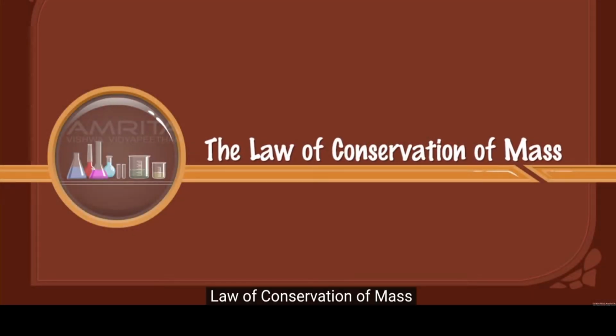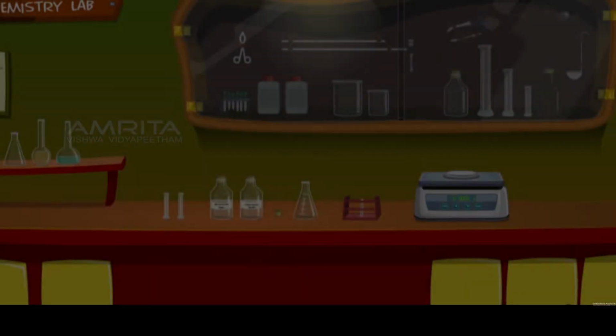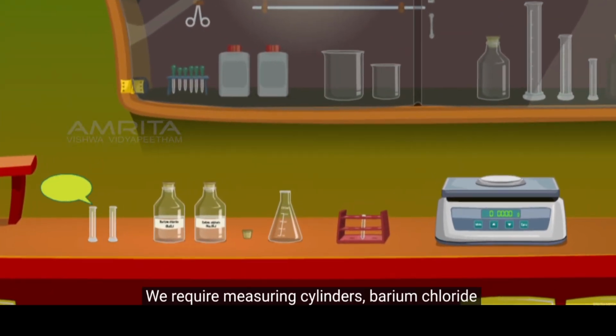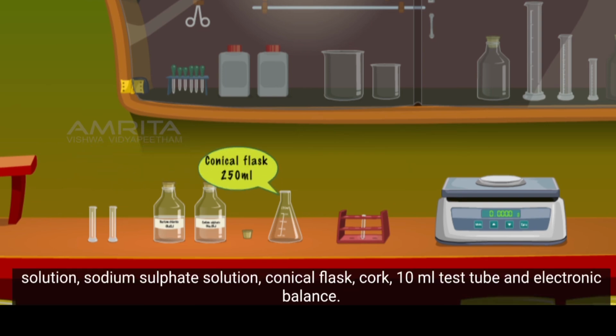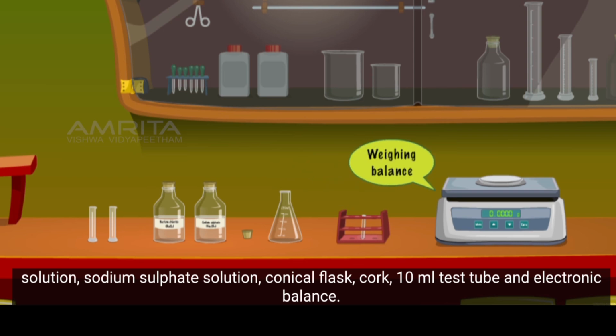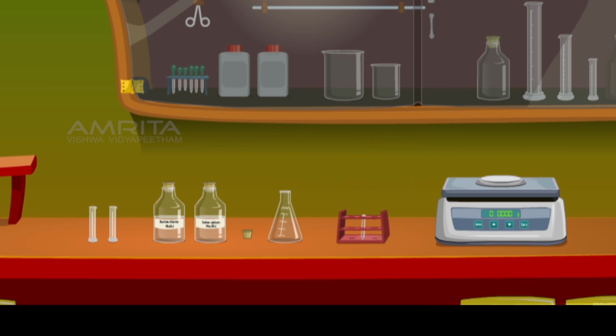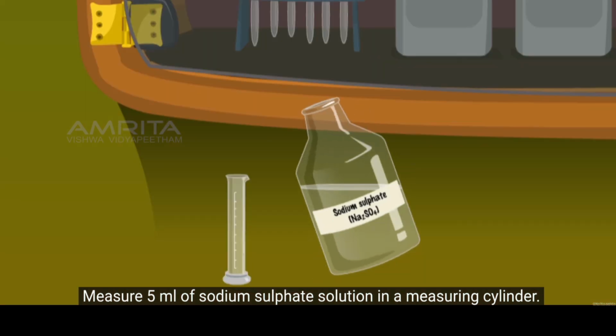The law of conservation of mass. We require measuring cylinders, barium chloride solution, sodium sulfate solution, a conical flask, a cork, a 10 ml test tube, and an electronic balance. Measure 5 ml of sodium sulfate solution in a measuring cylinder.